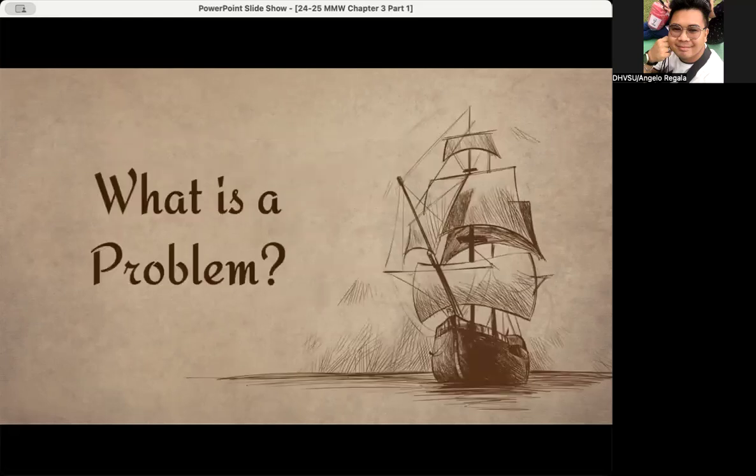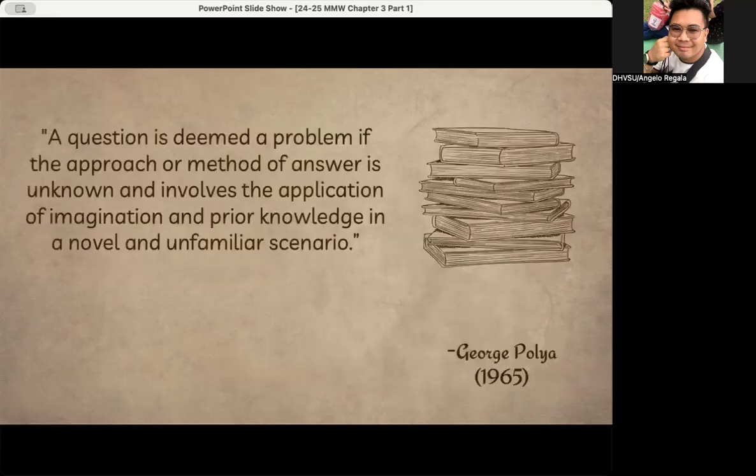So the question is, what is a problem? According to George Polya in 1965, a question or a situation is considered to be a problem if yung approach or yung method ng pagsagot nun ay hindi pa natin alam.